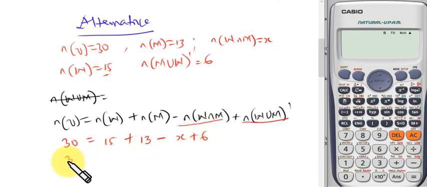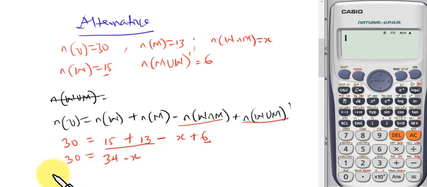So let me do some arithmetic here. 15 plus 13, that is 28, and plus 6, that is 34. So I have 34 minus X, and let me make X the subject. I can decide to subtract 34 from both sides of the equal sign equally. I can also add X to both sides. So I'm going to do the first one.